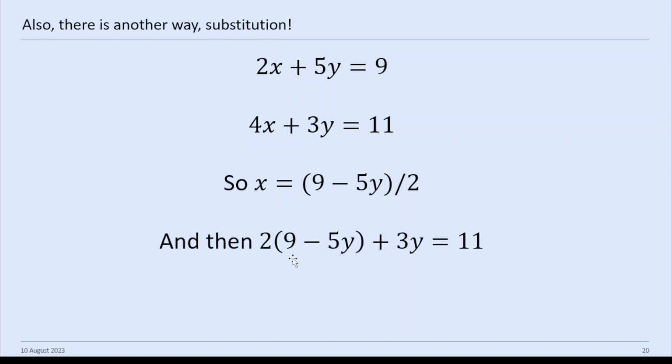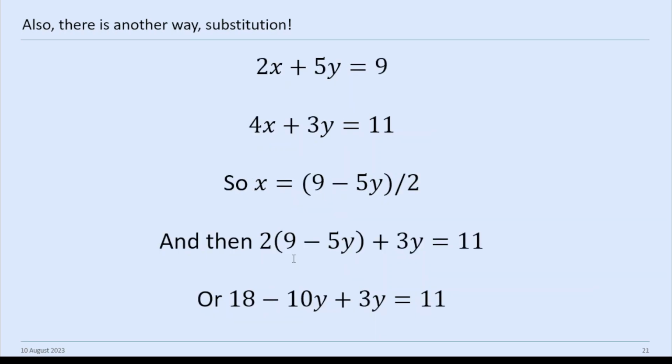Then what we're going to do is substitute that into the second equation. So we're going to get 4 times 9 minus 5y over 2, which gives us 2 times 9 minus 5y. We're going to add on 3y, that gives us 11. Then let's expand out that bracket on the left. 2 times 9 minus 5y is 18 minus 10y plus 3y.